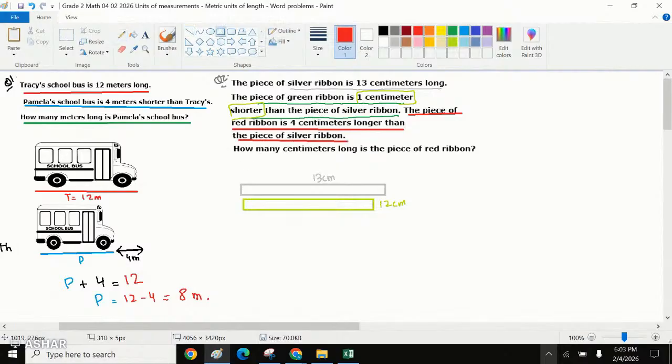So we can say the red ribbon would be 4 centimeters longer. That means this length should be plus 4 centimeters, right? From here till here. How many centimeters long is the piece of red ribbon?